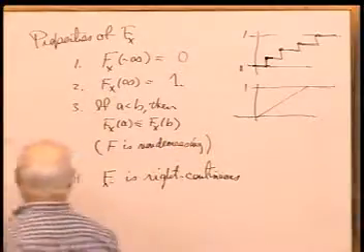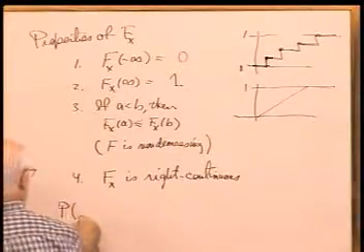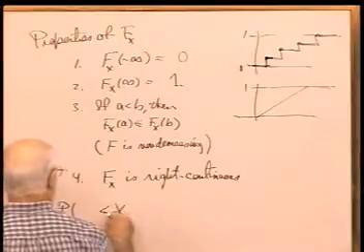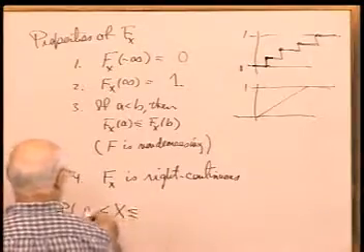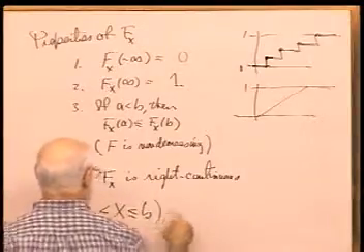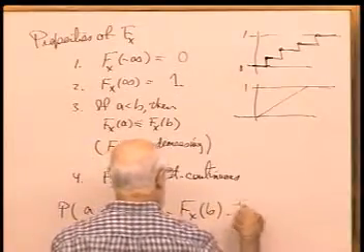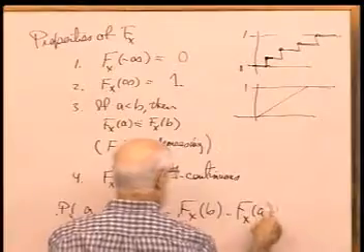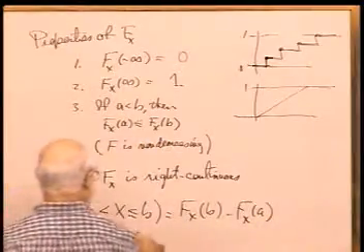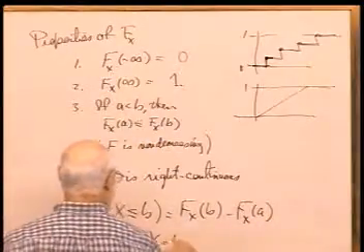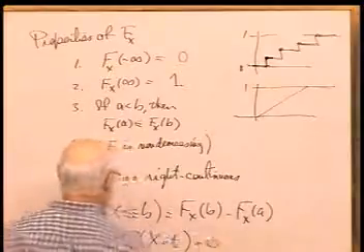And if we know this function, then we can calculate the probability of lying in any interval, because we know that the probability that x lies between a and b is equal to the distribution function of x evaluated at b minus the distribution function of x evaluated at a, and we know that the probability that x equals any specific value is equal to 0.